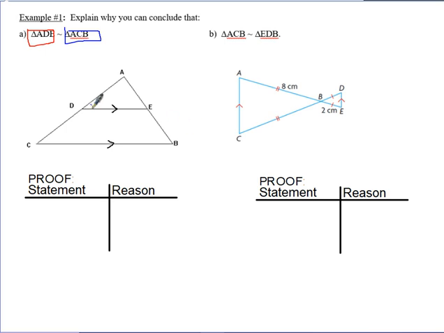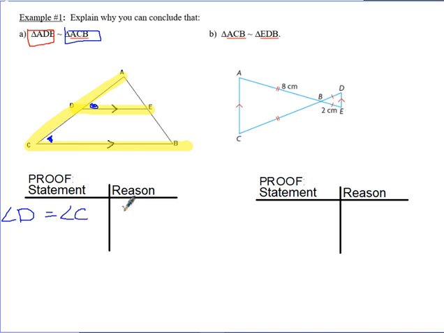So given this, I see an F pattern here. So we could say that angle D is equal to angle C. We can go ahead and write that. Here's our statement: angle D is equal to angle C.